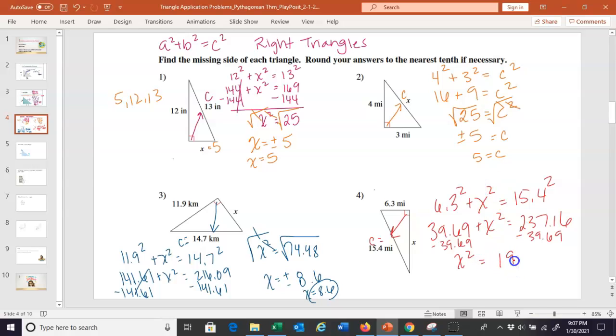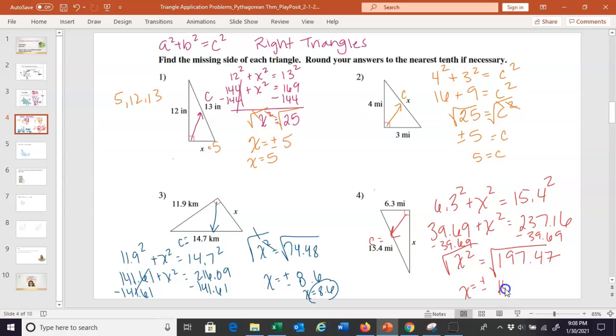X squared equals 197.47. And I know you guys are trying these along with me. X equals plus or minus. Oops, I accidentally put 297. That's not going to work. 14.0.